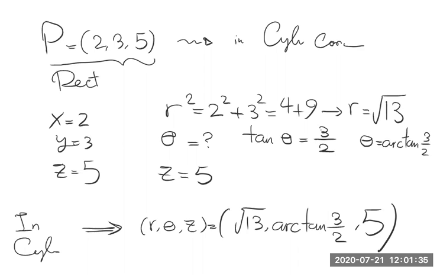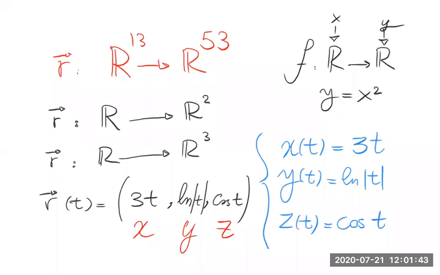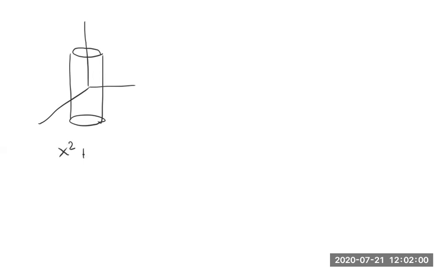Okay, so sometimes in some coordinate system, the equation is a lot easier than the other one. What do I mean by that? Let's look at an example. Remember, what is the equation of, say, a cylinder here? The equation is something like this: x squared plus y squared equals 1, right?